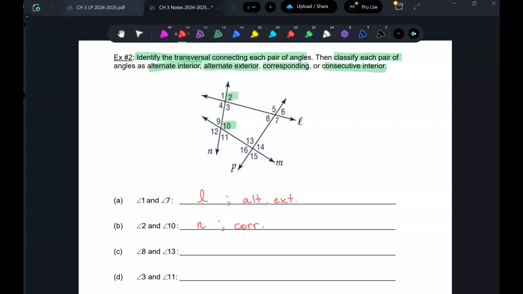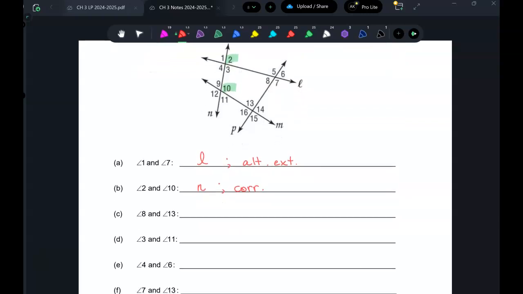Think of corresponding like matching. If I were to take these 4 angles and shift them up here, which ones would match up with each other? Oh, like they'd be the same. Yeah. So 1 and 7, those will be alternate exterior.